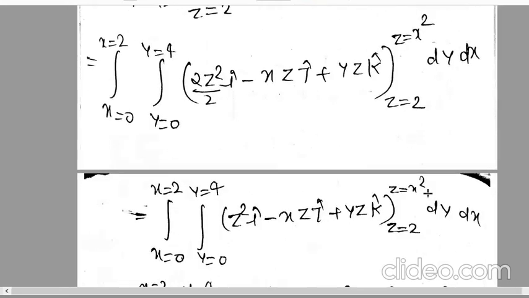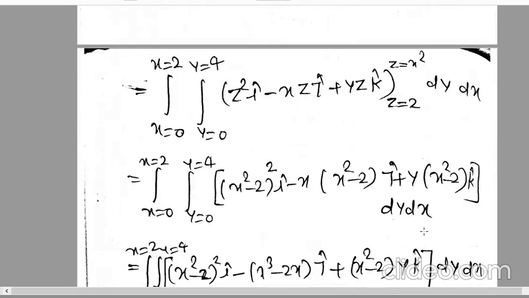Now the rule is upper limit minus lower limit. So 2z square, the 2 cancelled out, so it will be this one and this one and this one, and z from 0 to x square, dy dx. Now the upper limit x square, so x square, okay, there is a mistake here, x square minus 2 whole square, right?